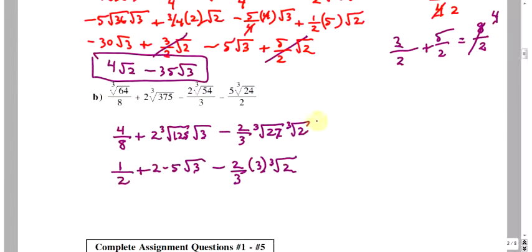Okay, last one. What's the fraction there? 5/2. Otherwise known as 2.5. Cubed root of 24. What is the perfect cube in 24? 8 goes in there 3 times.